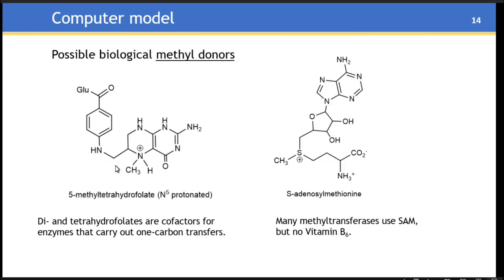Another possibility, more commonly found as a methyltransferase, is S-adenosyl methionine. This is known in many different DNA methylations, RNA methylation, et cetera. The problem is that these occur without the intervention of the anion-producing functionality of vitamin B6.